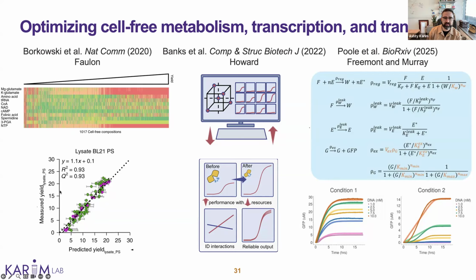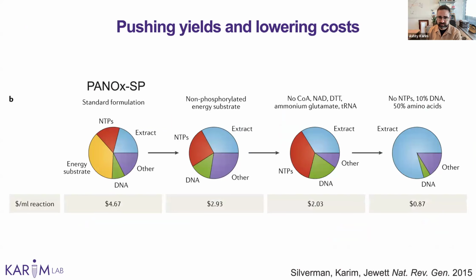So I'm showing you three examples here that actually showed really good correlations between our ability to define a set of reaction conditions and observe a protein translation product. What's interesting here is most of it is trying to basically predict and understand cell-free transcription translation and not necessarily optimize a cell-free reaction that's going to make a lot of protein for a little cost.